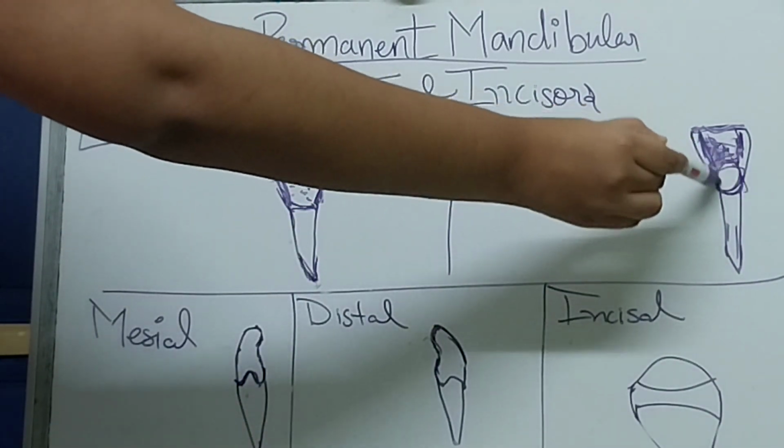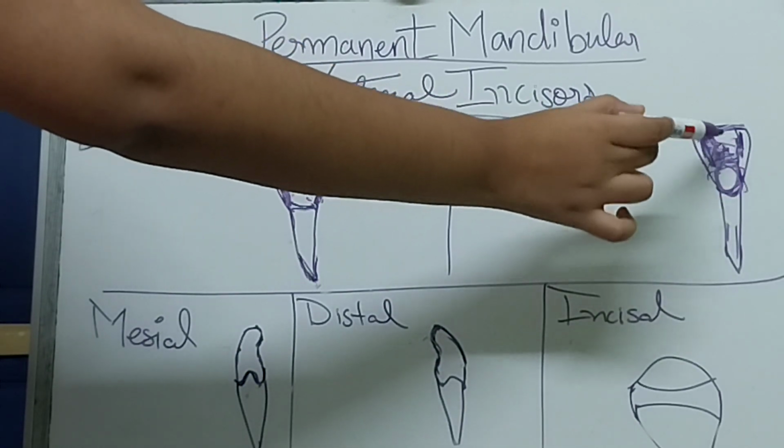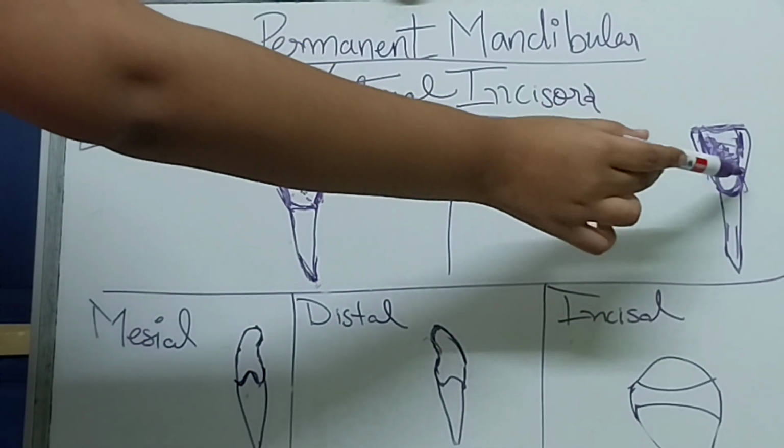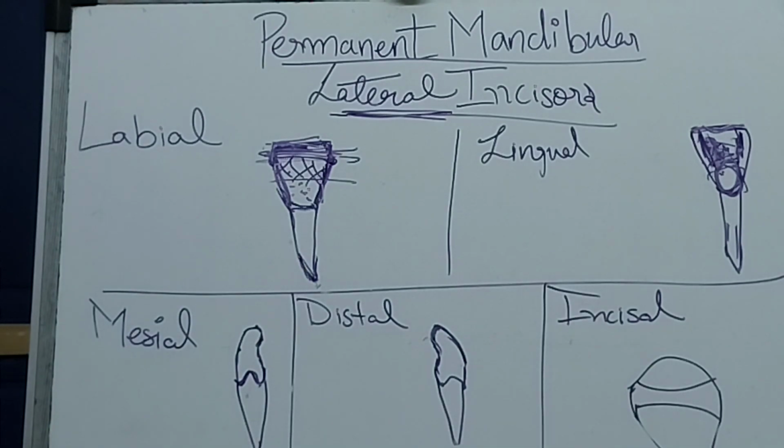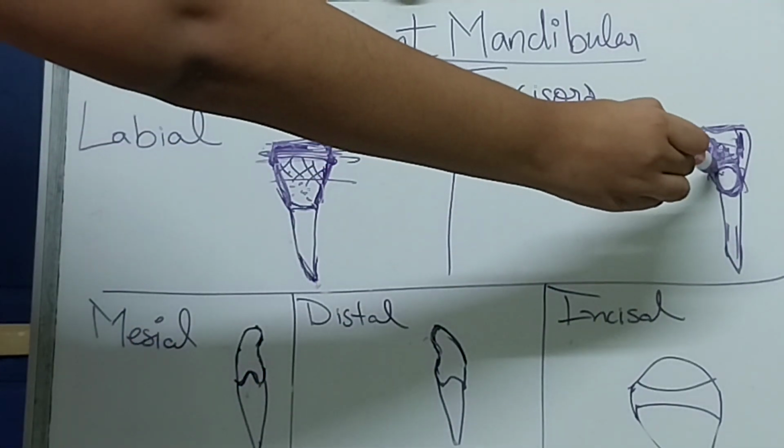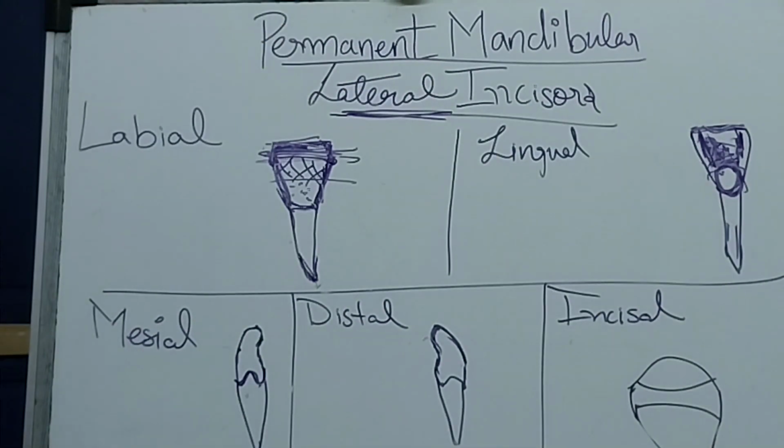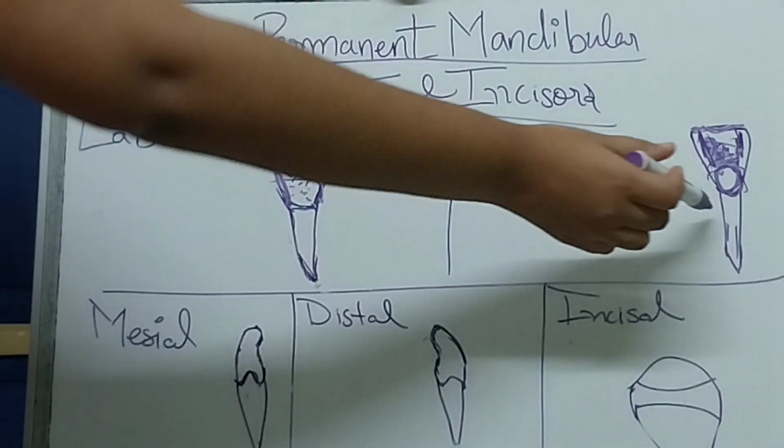There's a cingulum present, so there's a slight concavity over here and convexity on the cervical third. But here also, similarly as we saw on the central incisor, there is no developmental groove or developmental line which marks the cingulum, and the root is similar to the labial aspect, as we saw.